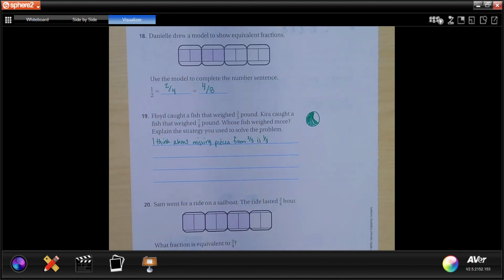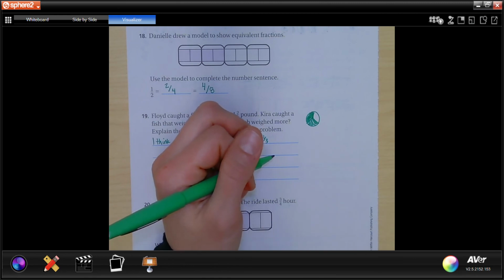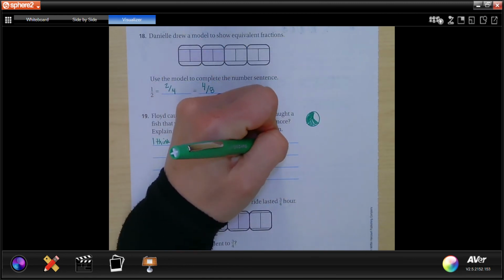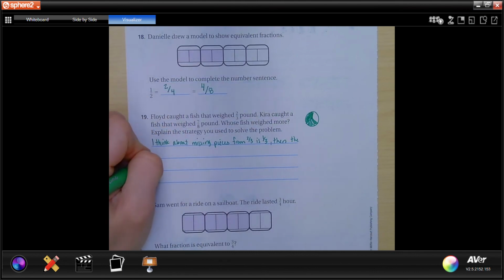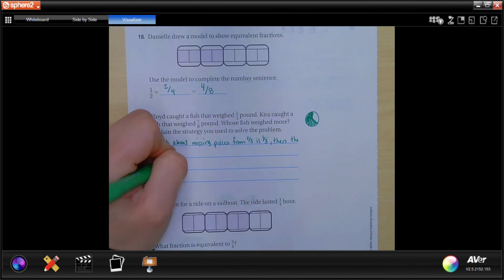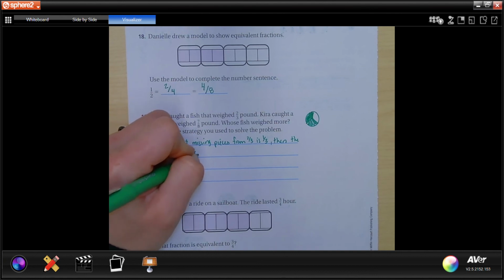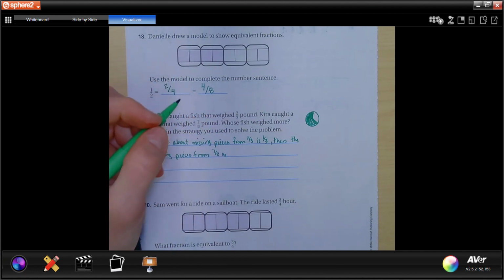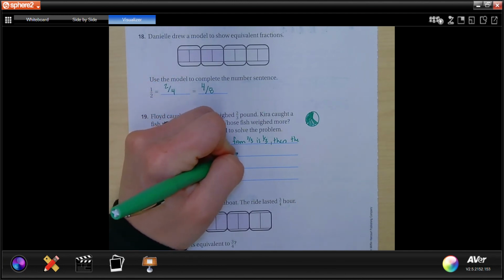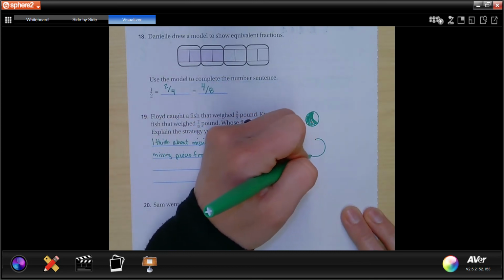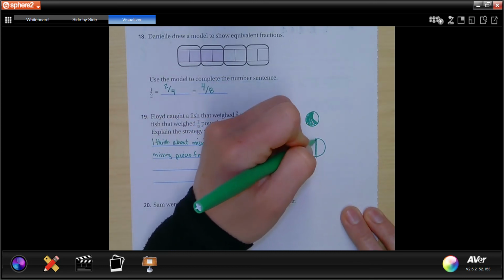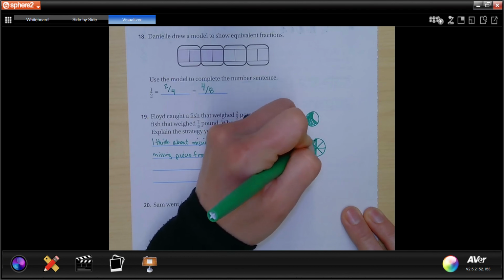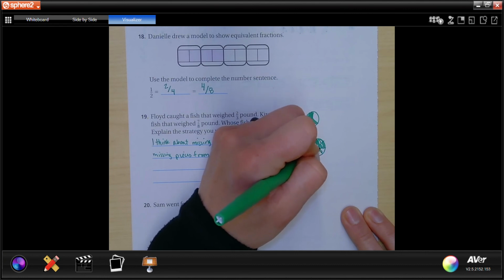Then you have missing pieces from 7/8, which is 1, 2, 3, 4, 5, 6, 7.